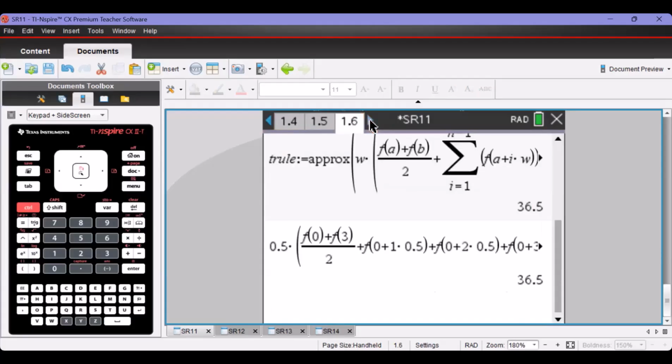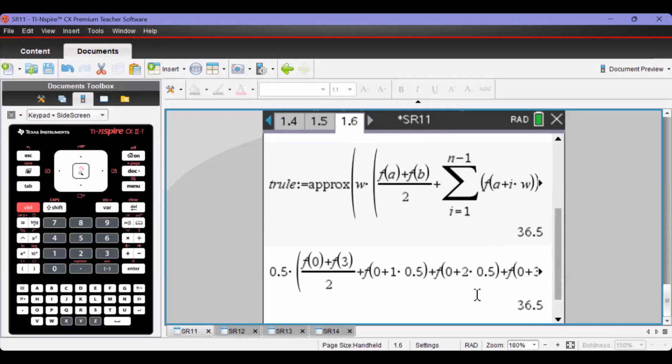But the way this formula is working is we're saying, well, okay, w is a half or 0.5. f of 0 plus f of 3 all over 2. And now let's unpack this.